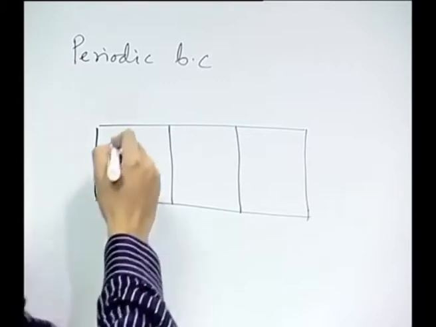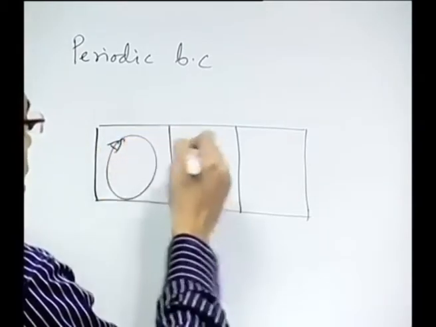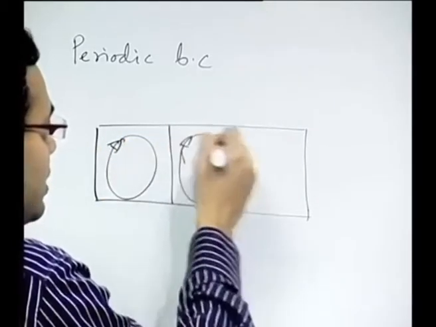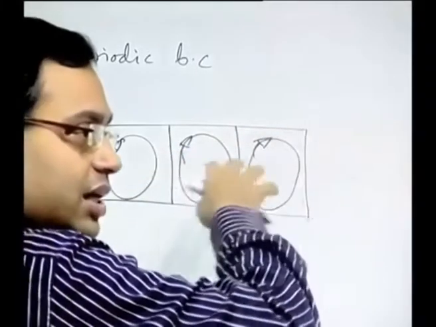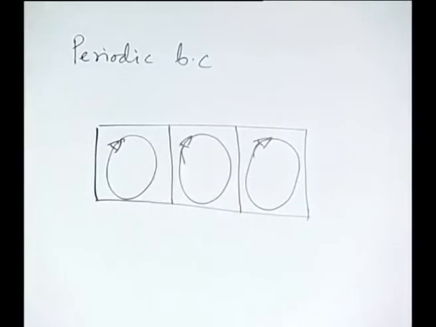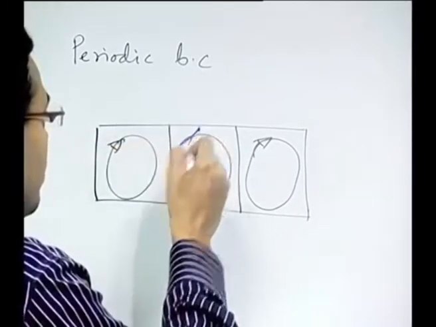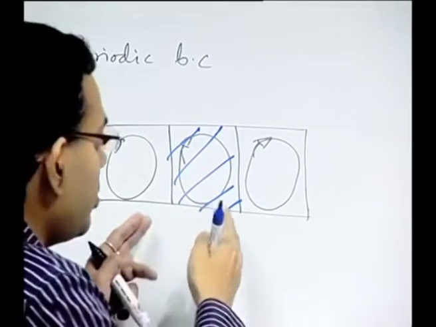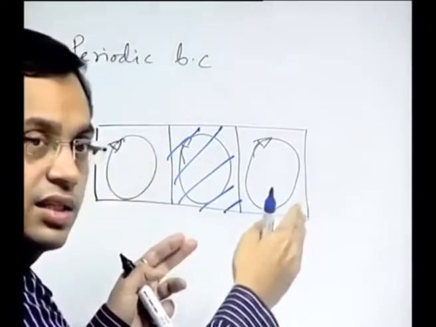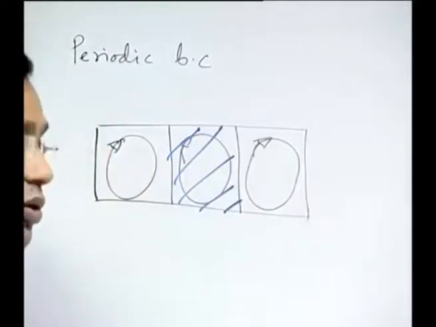Let us say that you have some vortices like this, again the same vortex like this, again the same vortex like this, and it is a periodic structure in the flow that is repeated. That means that if you can solve one periodic or repeating part of the domain, which is a subdomain, and then extend it in all directions, then it will give you the complete solution of the domain.